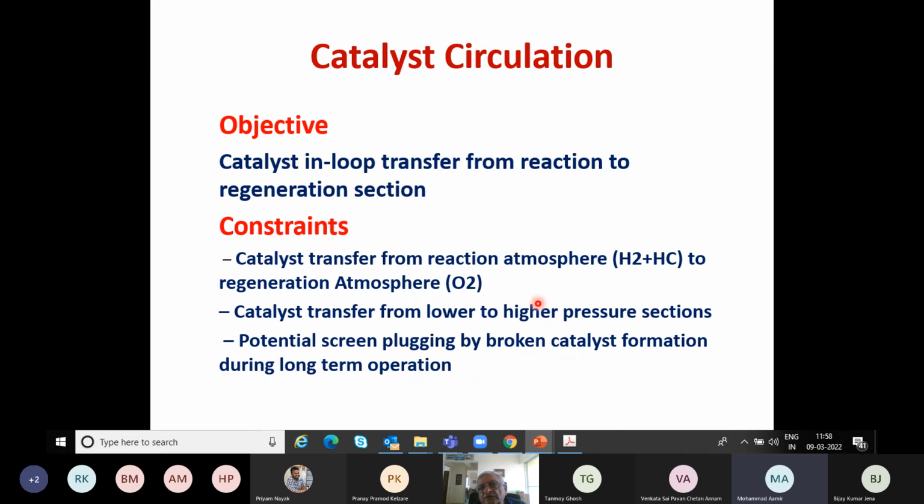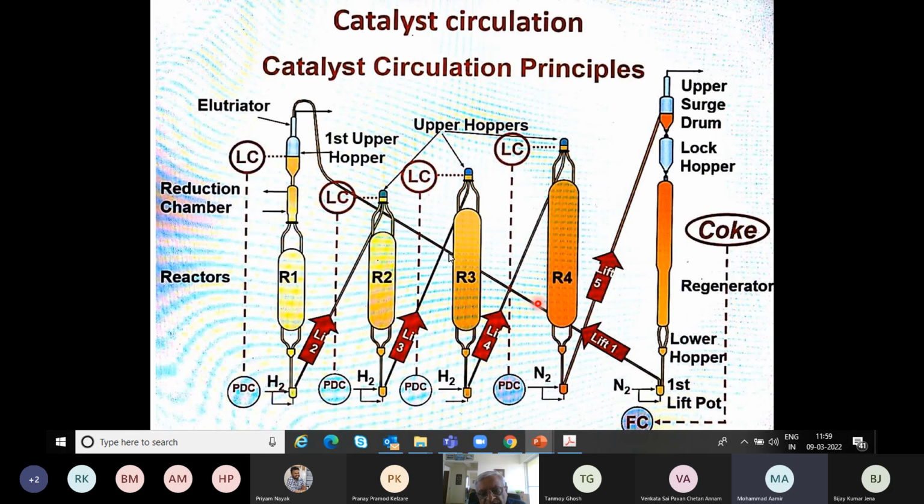So whenever a solid particle hits a metal surface, it will definitely tend to get into a powder form. This is what we call attrition. And that can actually plug the screens, those screens which I talked about, what we call Johnson screens. So we have to be careful about all this when you transfer the catalyst.